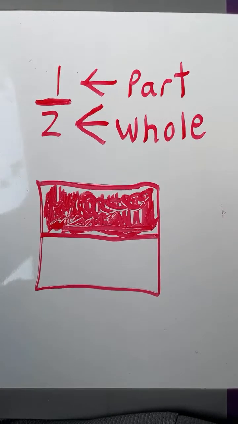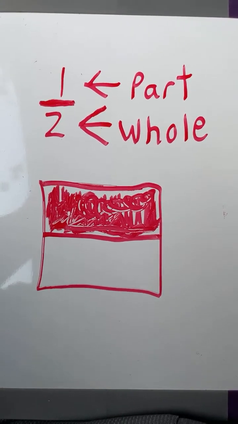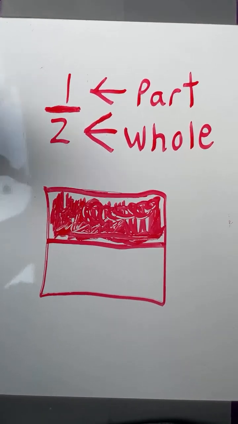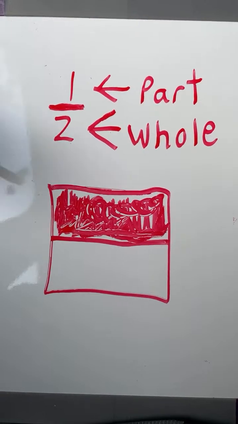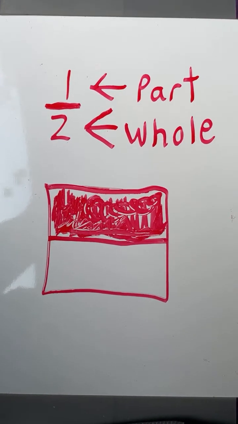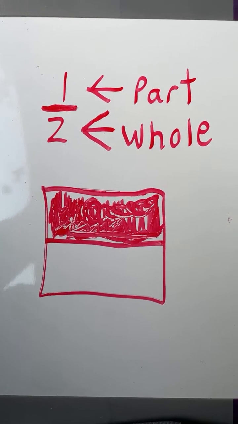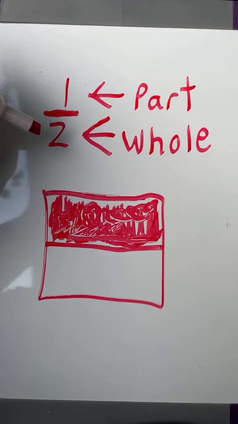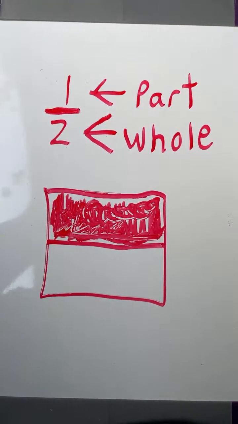So this is a representation of the fraction 1/2. We have 2 total parts. Half the fraction's filled, half of it's unfilled. So we have 1/2 of the fraction unfilled, 1/2 filled. So 2 total parts, and one of those 2 parts is filled.